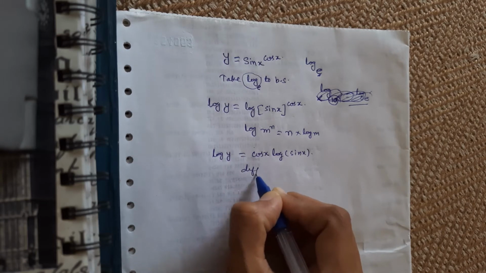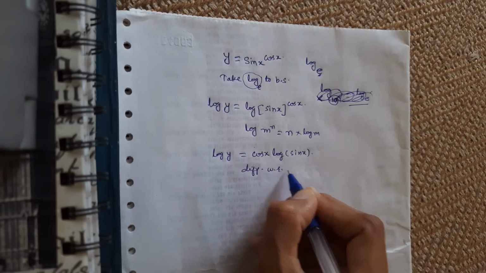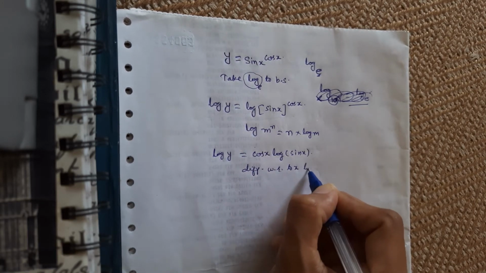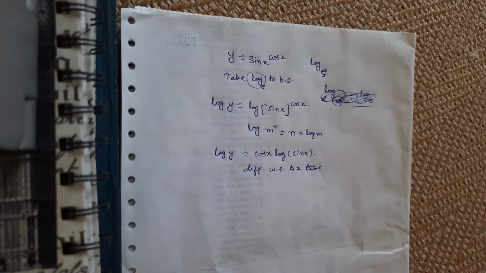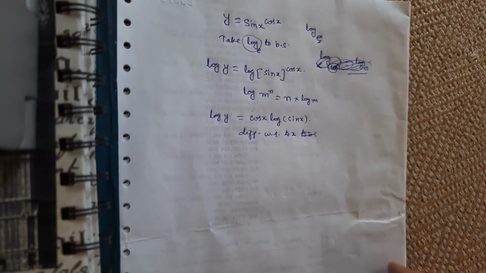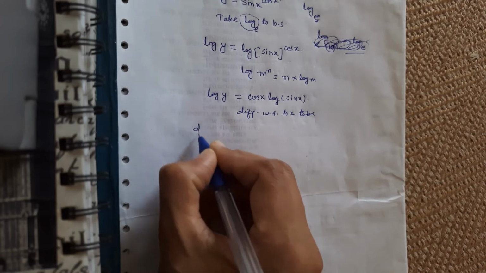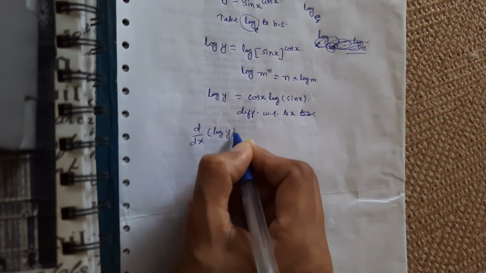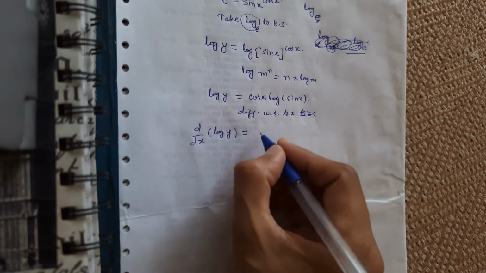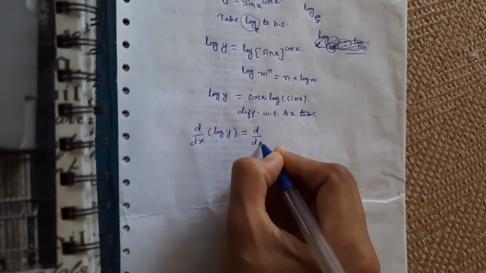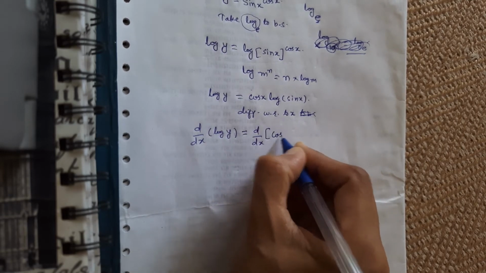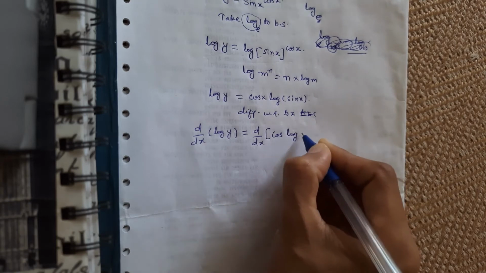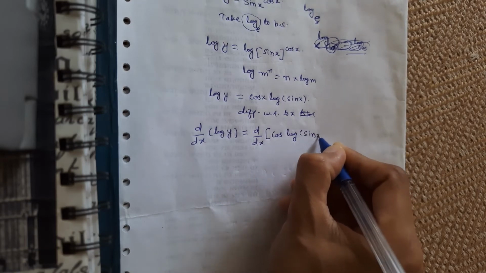Now I am differentiating with respect to x to both sides, taking the derivative on both sides. What will I get? d/dx of log y equal to d/dx of cos x into log sin x.